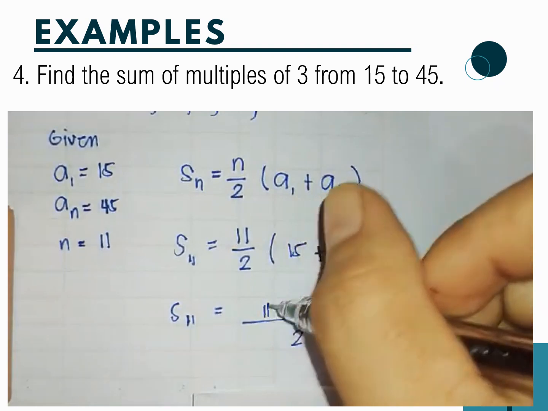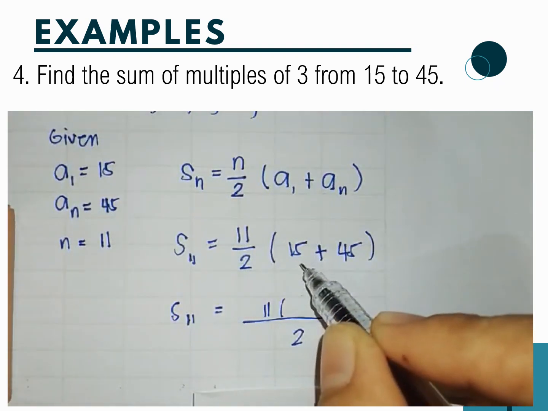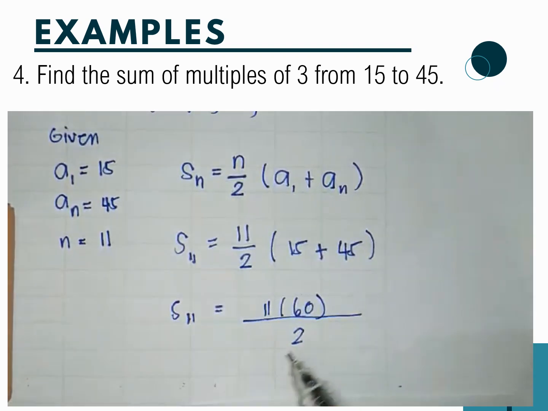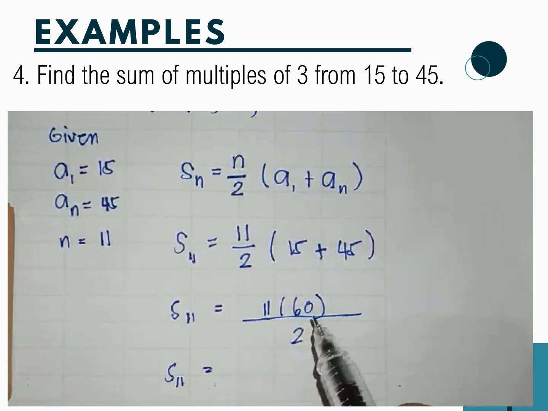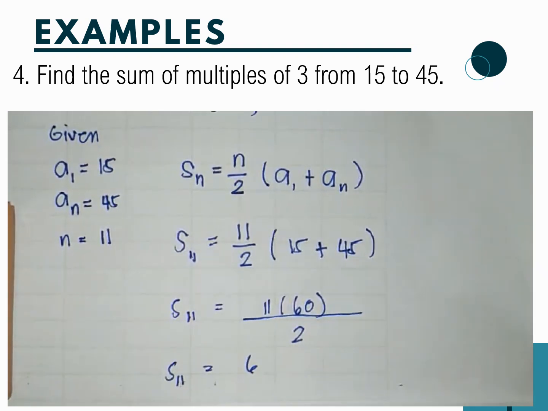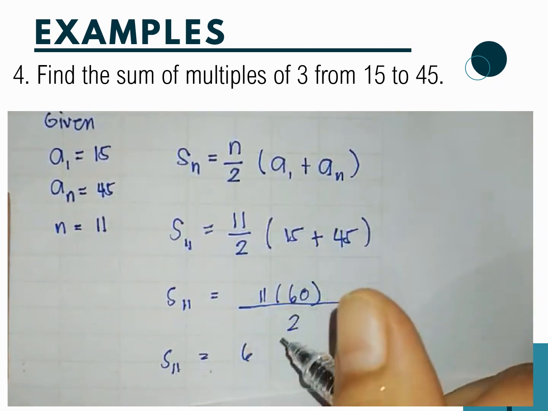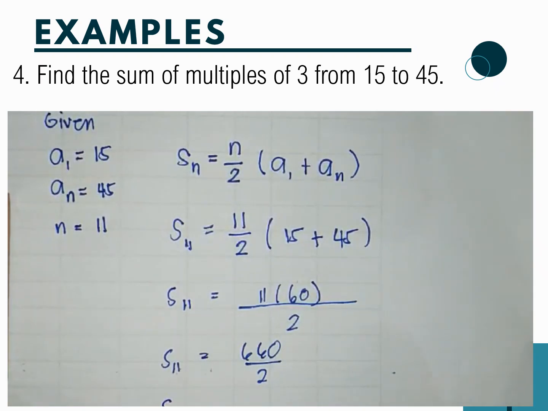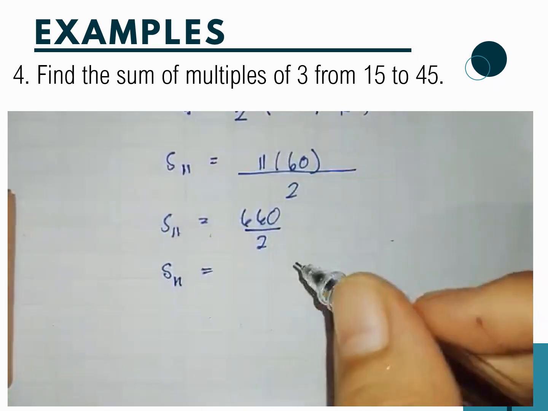Then we have here, our a sub n is 45. So we can write it as 11 times the quantity of 15 plus 45, which will give us 60, all over 2. 11 times 60 is 660 over 2. 660 divided by 2 will give us 330.